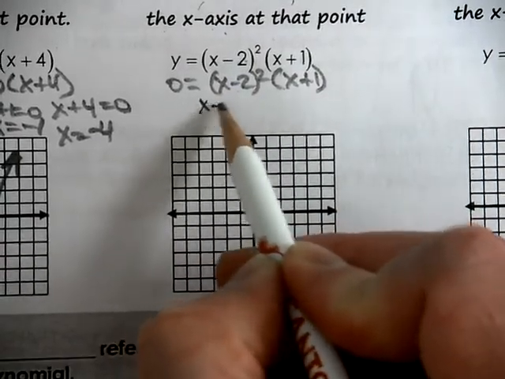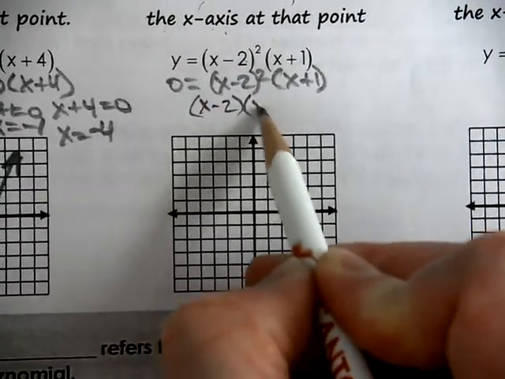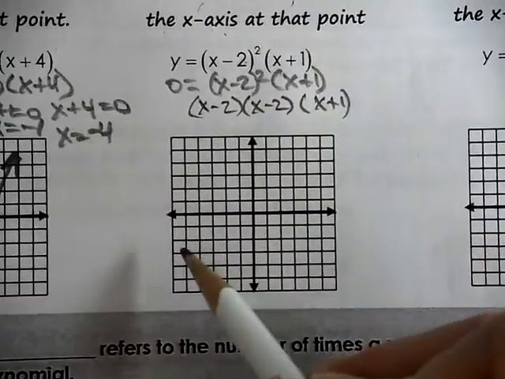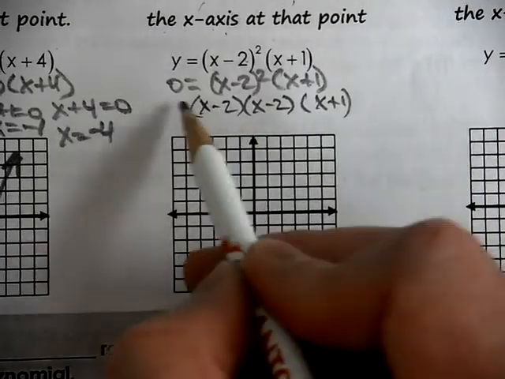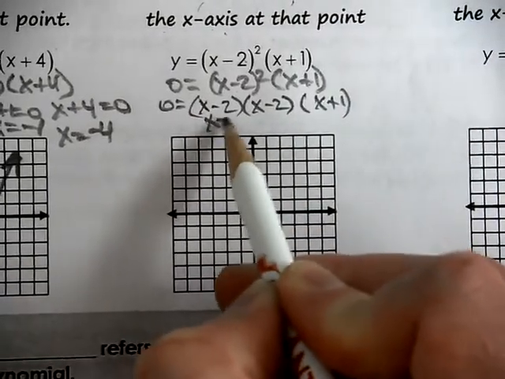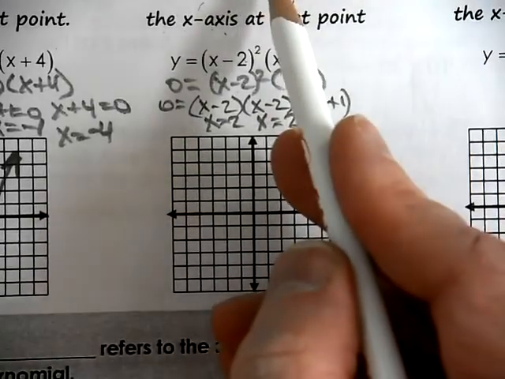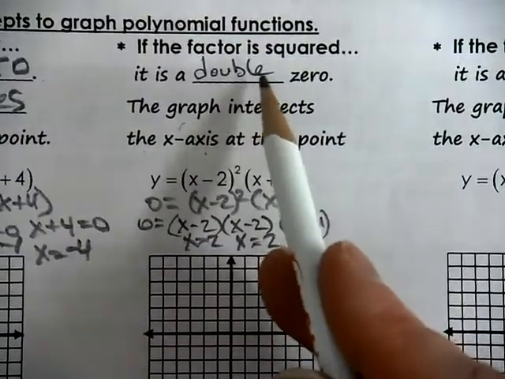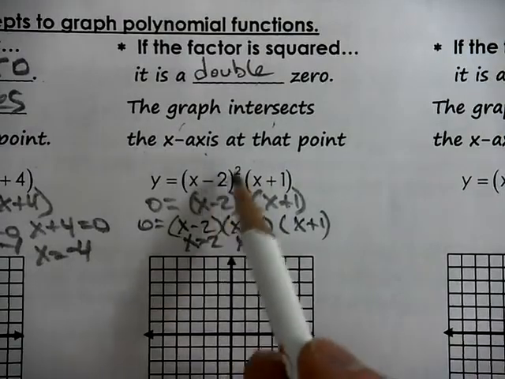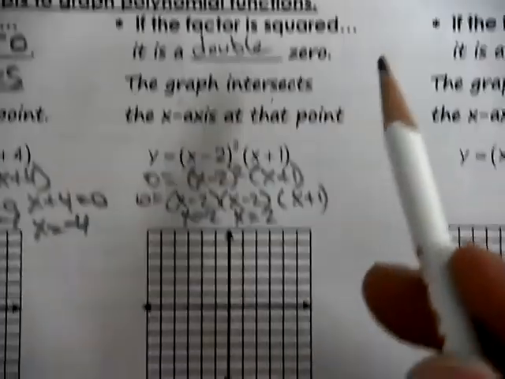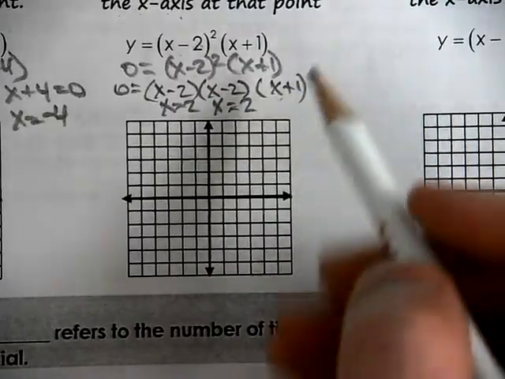This guy gets written twice if you want to think about it like that. This gets written once. We have a 0 at x equals 2. We have another 0 at x equals 2. That's why it's considered to be a double zero, because the squared factor is going to have two values at that exact same location. And then we have -1.